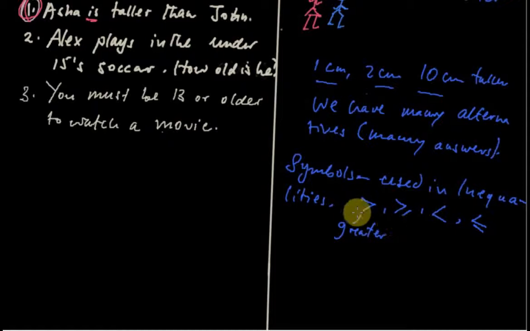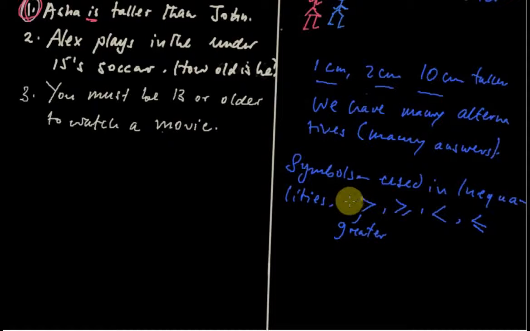If the number we talk about is to our left hand side, this is going to be greater. The number which is to the left here is greater than the number which is in the right hand side. That's what we mean when we say greater than.